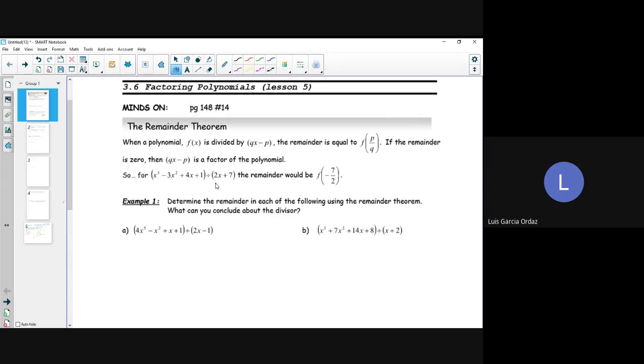When we isolate for x in the bracket, we get p over q, which is just -7/2, because when we move the 7 over, it becomes a negative number. If 2x plus 7 is a factor, so if -7/2 works, and you sub it in for x, that whole equation should equal 0. If it doesn't, then it's not a factor, and it's just a random point on the graph.